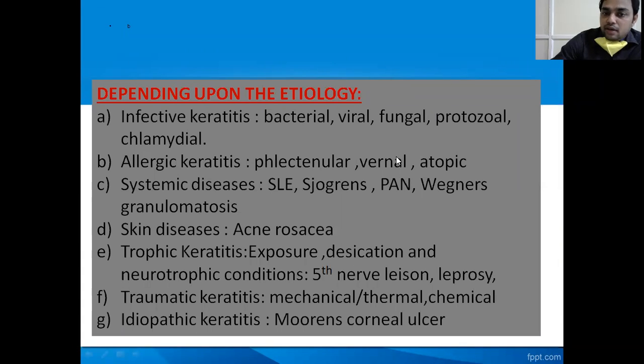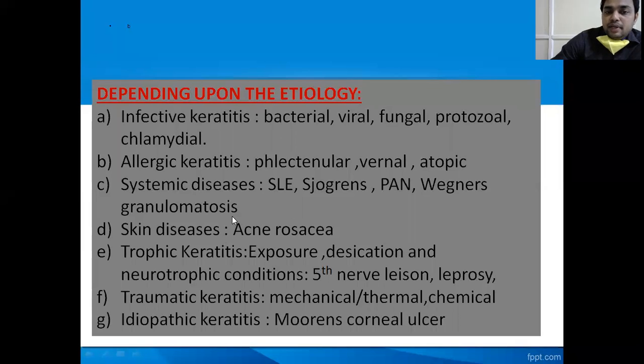In case of vernal keratoconjunctivitis, phlyctenular keratoconjunctivitis, and atopic keratoconjunctivitis, we see allergic keratitis. In case of vernal keratoconjunctivitis, we see shield ulcers. Allergy is the main cause, so we call them allergic keratitis. If an infective pathogen is the main cause, we call it infective keratitis.